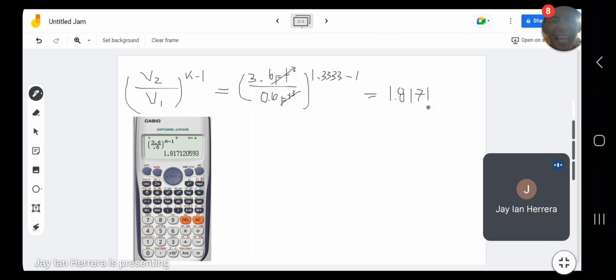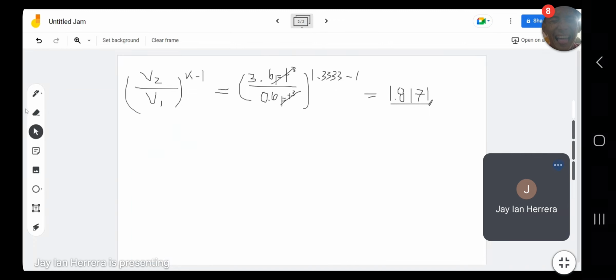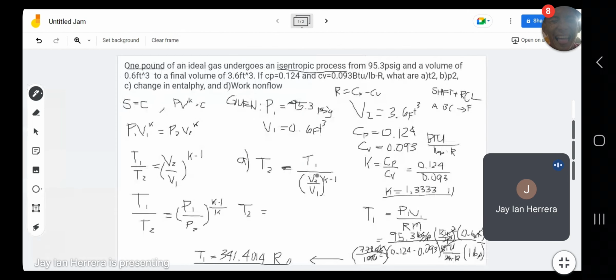This is the ratio on volume. So yung alpha A dito, that is yung 1.333 na nakuha nyo. After getting our volume ratio, i-divide na natin si T1 with this value.